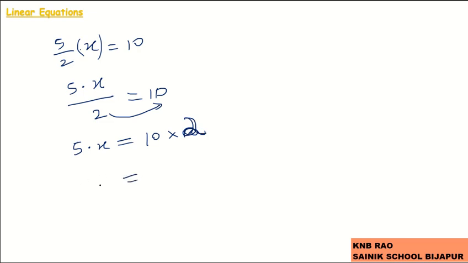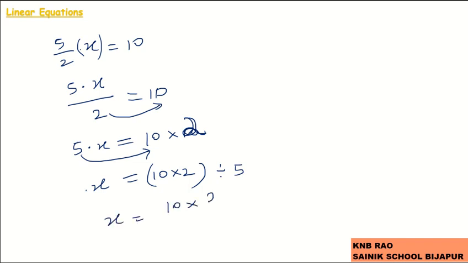Now x equals, now when 5 is multiplying, if it is transposed this side, it does the division. 10 into 2 is divided by 5, which means 10 into 2 by 5. See, this is how we say this fraction, when it is transposed, is getting reciprocal.